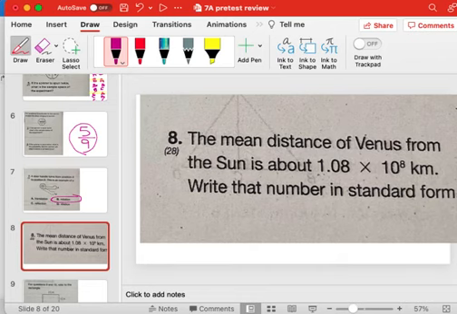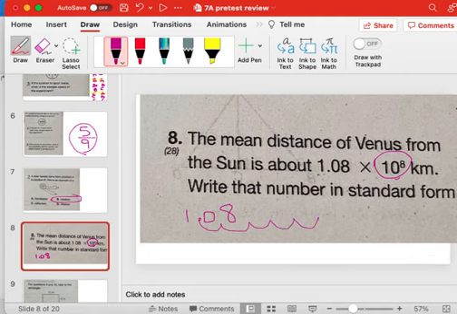Okay, so we're going to have 1.08, but then we're going to move 8 steps to the right, aren't we? So this decimal, 1, 2, 3, 4, 5, 6, 7, 8. Okay, so now we're going to fill in with the zeros.